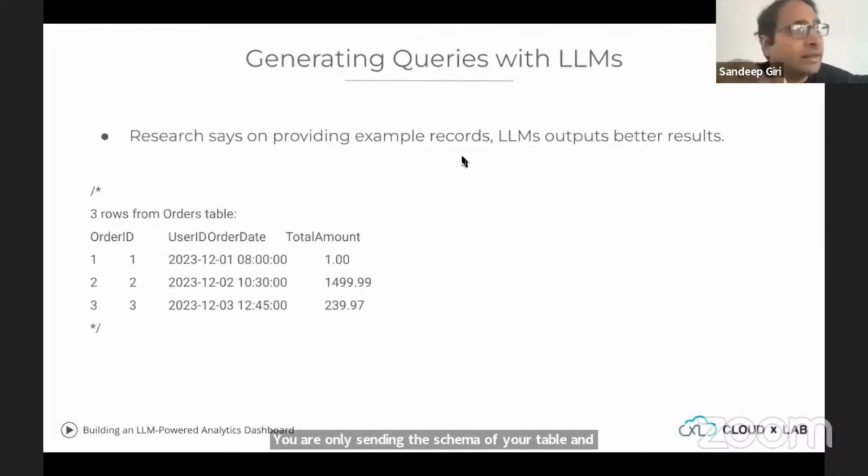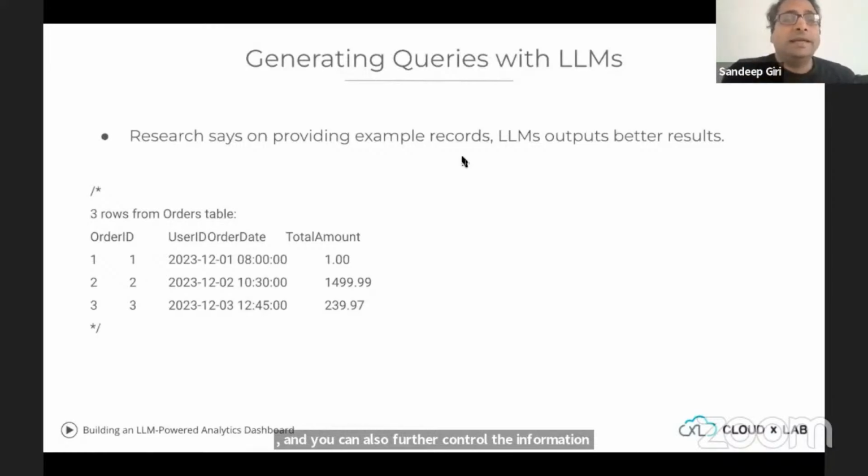Further, if you do not want to send all columns and all tables, you can use the tool that I'm launching called LLM SQL Shield, where you can rename the table names, rename the column names, and further control the information displayed to OpenAI or Gemini.